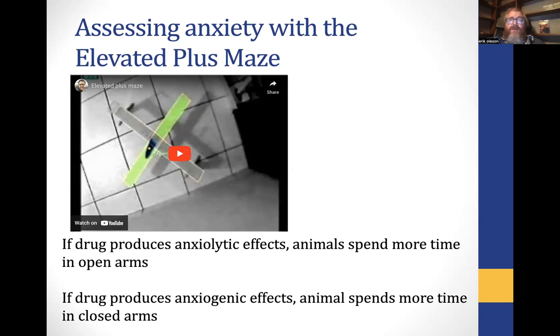If you've done much hiking in the mountains, you know it requires less anxiety to walk out on a ledge where there is a wall or a bar. If it is wide open, that tends to increase anxiety. If a drug produces anxiety, the animal will spend less time on the open arms. If the drug produces anxiolytic effects, meaning it relieves anxiety, the animal will spend more time on the open arms.